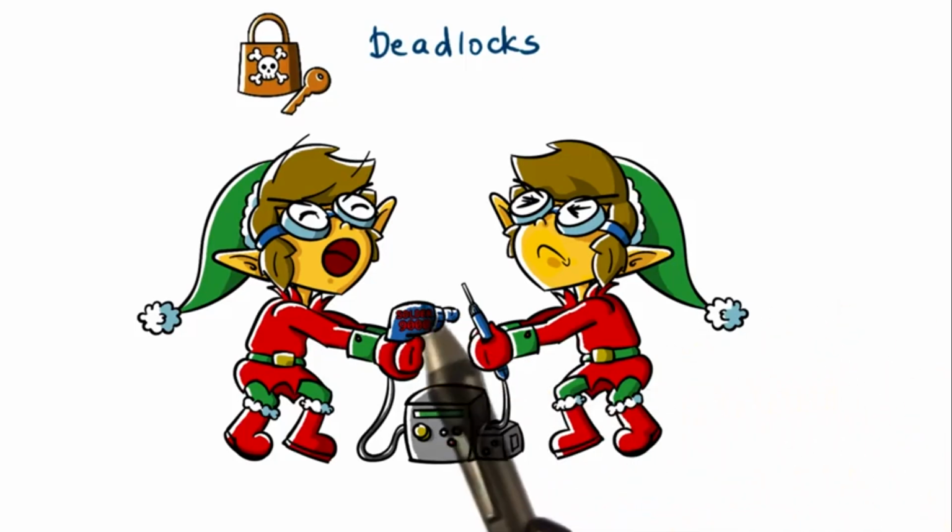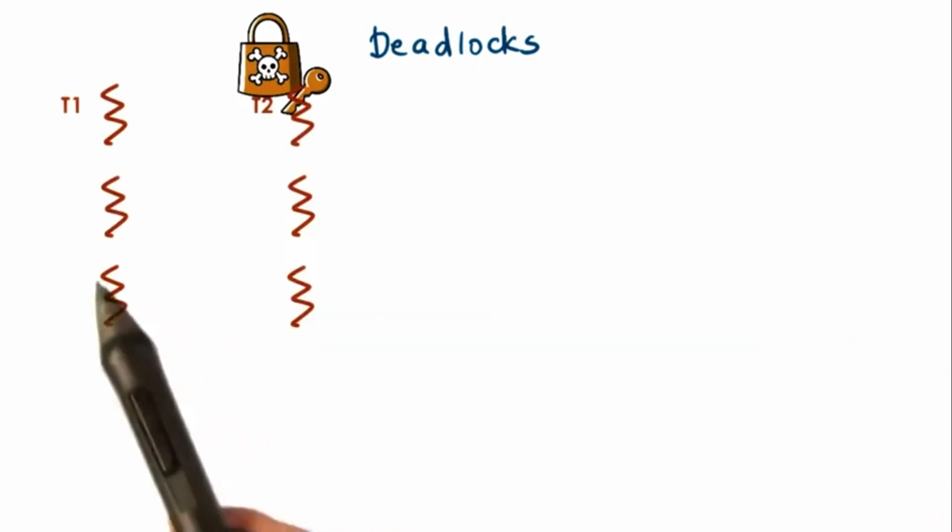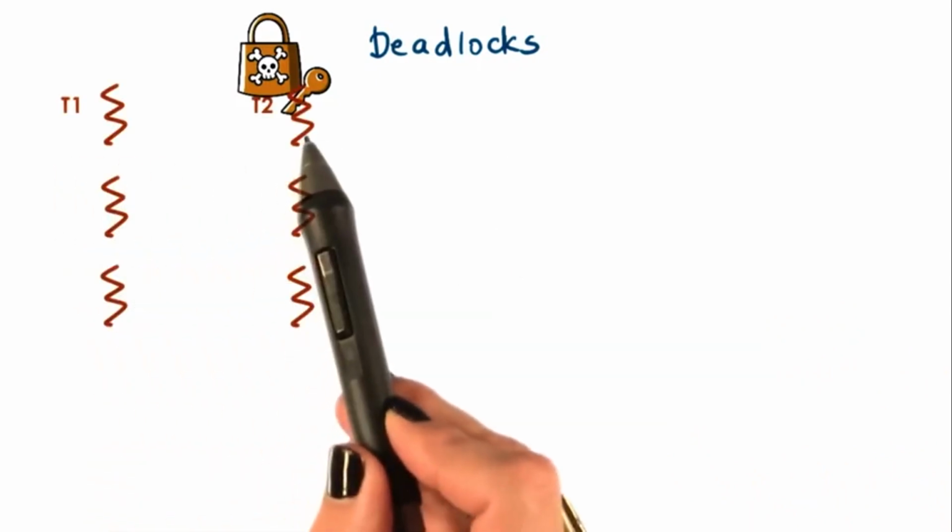In practice, the deadlock example can be described with the following situation. So we have two threads, T1 and T2.